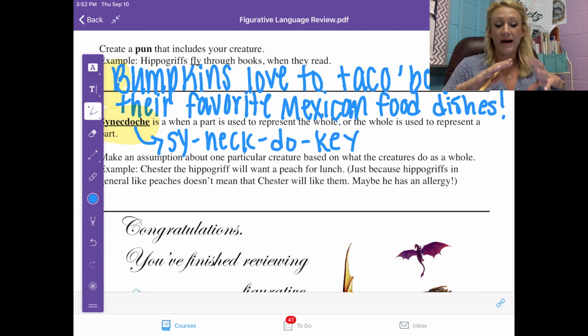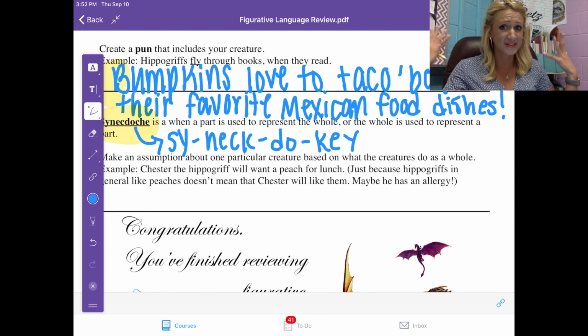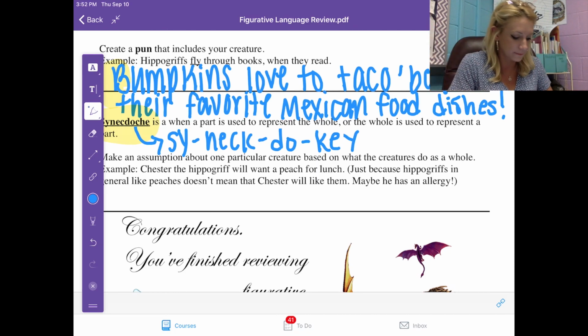So with that, just think about what is a general assumption that someone might make about your one individual creature based on what they know about the group, or vice versa. And again, this is all fiction, you're making this up, but we're just doing an example of making assumptions based on groups to single or single to groups.